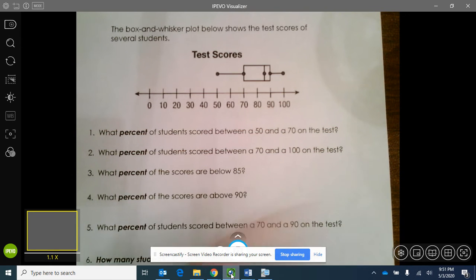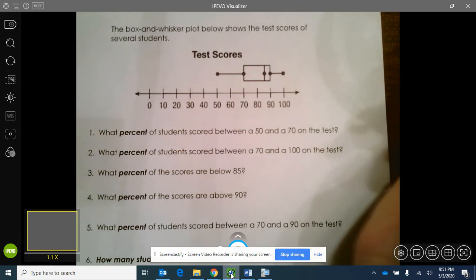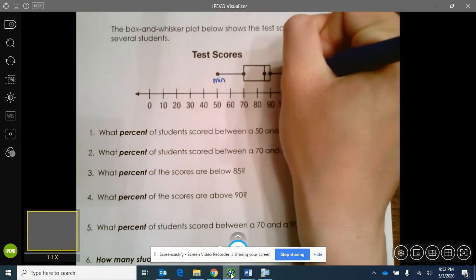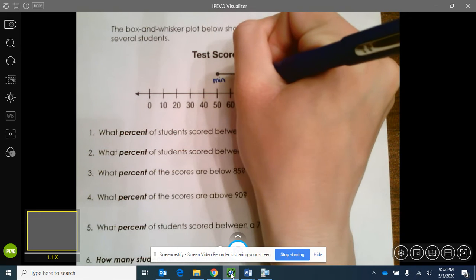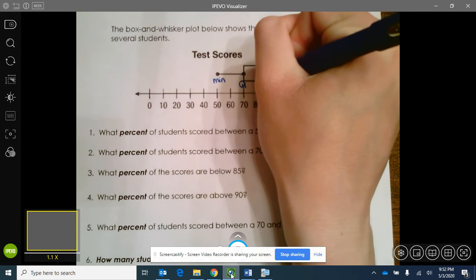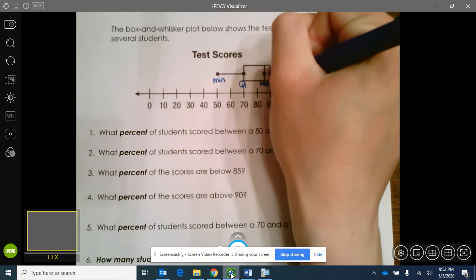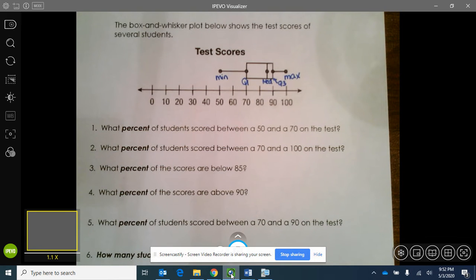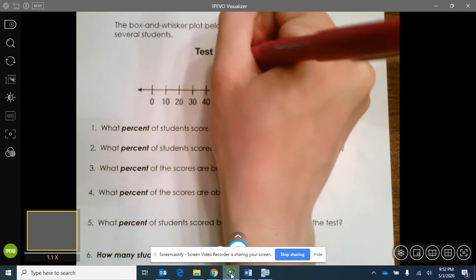Now, once again, just to remember the different pieces here, here's your minimum, here's your maximum, your Q1, your median, and then this part right here would be your Q3. And then each piece of the box and whisker plot is 25% of the data.